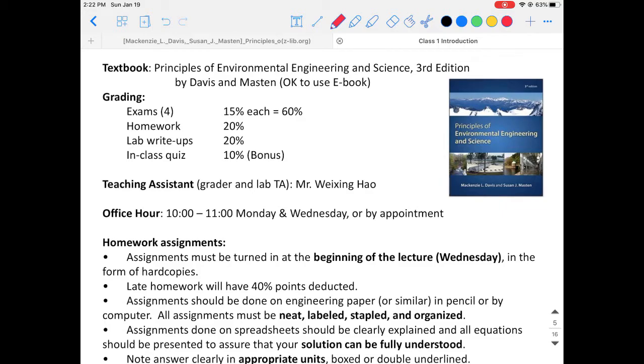The office hour for this class is going to be 1 hour before the class, 10 to 11 every Monday and Wednesday, or you can set up an appointment if you have other things going on during this period. You can contact either me or Wei Xing.